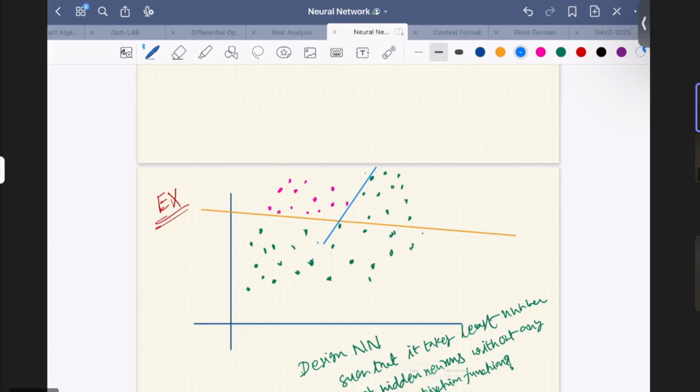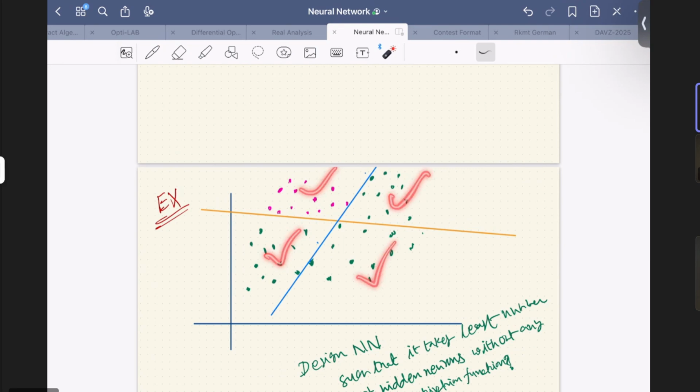If I extend this one like this, because lines can be extended, these are the line equations we are looking for. So now there are four regions, this one, this one, this one, this one, and three regions of one category.